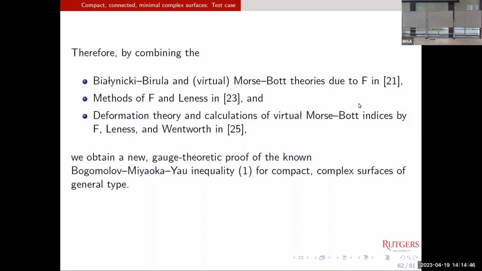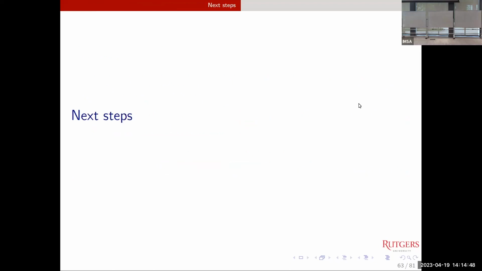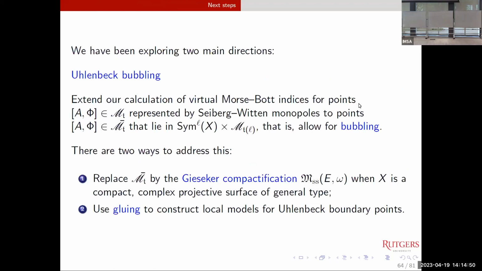All right. So what are some next steps in that direction? The key difficulty in the program, or one of the two difficulties in the program, is how to address this. The compactification works very nicely when the base manifold is complex, because you get exactly what you need to apply.